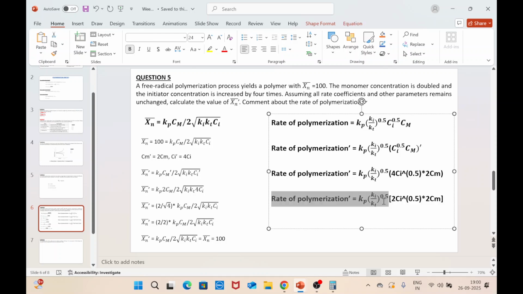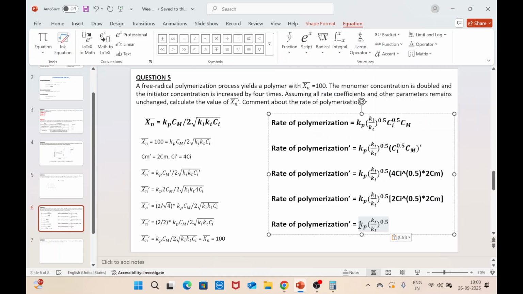So this rate of polymerization is going to be, 2 times 2, that is 4. So let's bring that 4 outside.